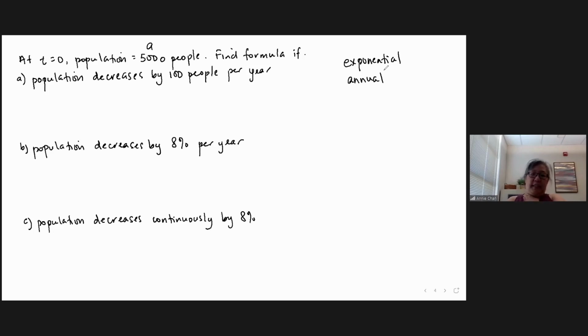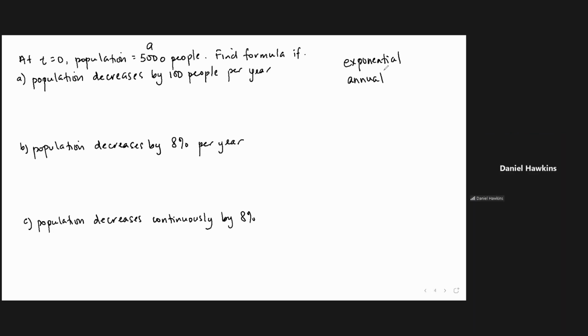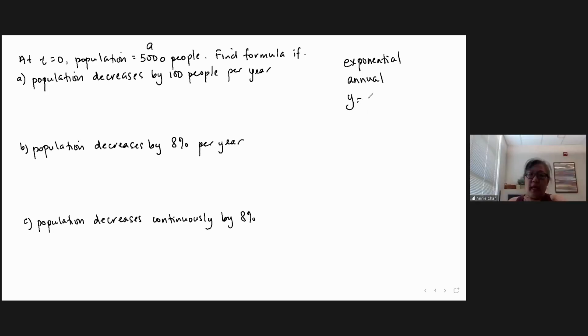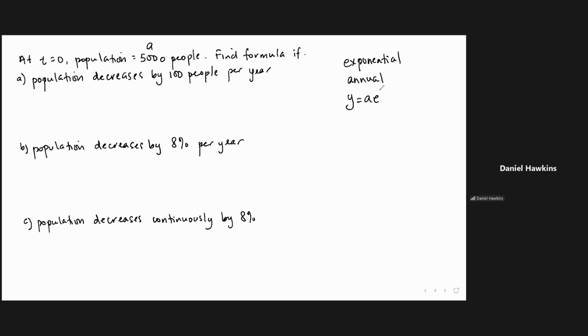What kind of formula is this? Y equals a b to the x power. Y equals a e to the k t, or a b to the x? It'll be a e to the k t.